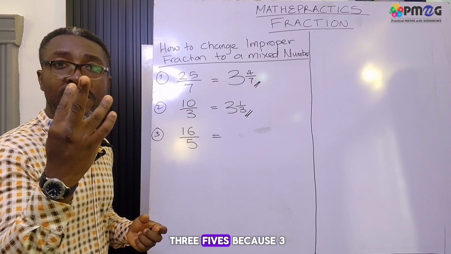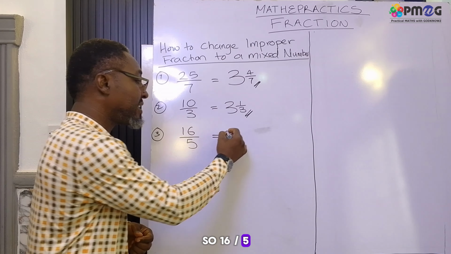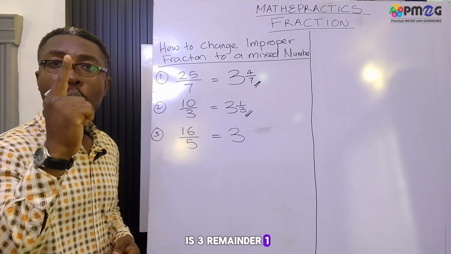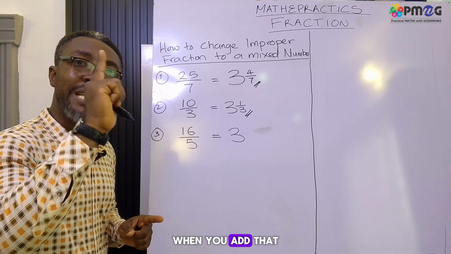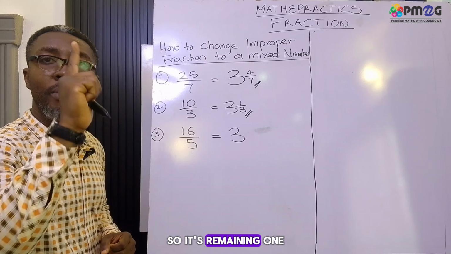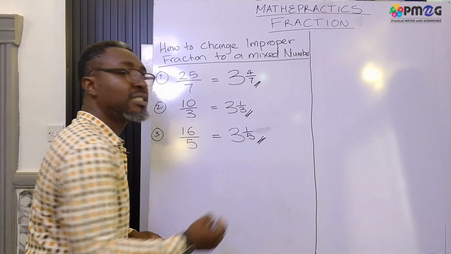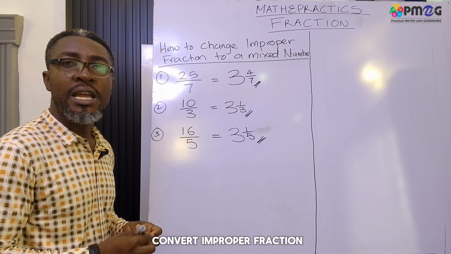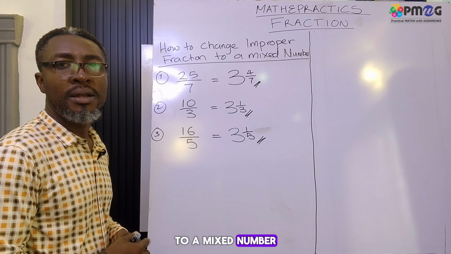We'll get 3, because 3 times 5 is 15. So 16 divided by 5 is 3, remainder 1, because 5 times 3 is 15, remaining 1. When you add that 1, it makes it 16. So it's remaining 1, 1 over 5. This is how to convert an improper fraction to a mixed number. Let's go further.